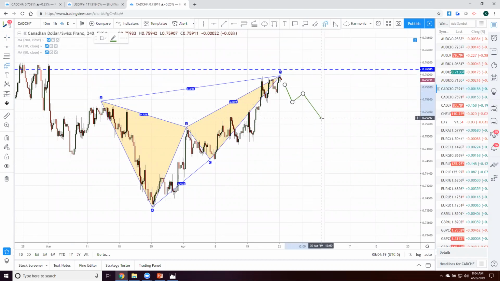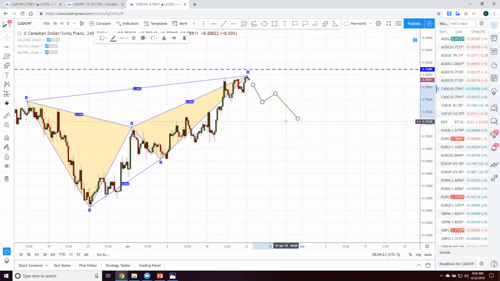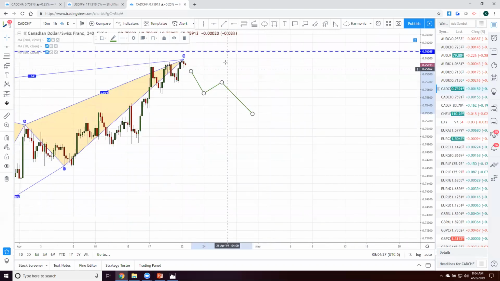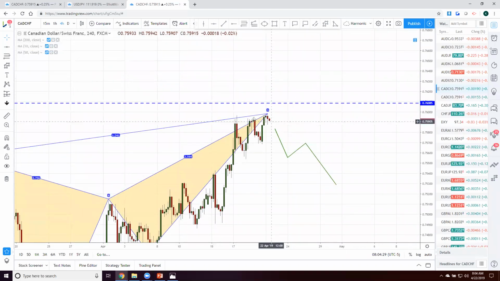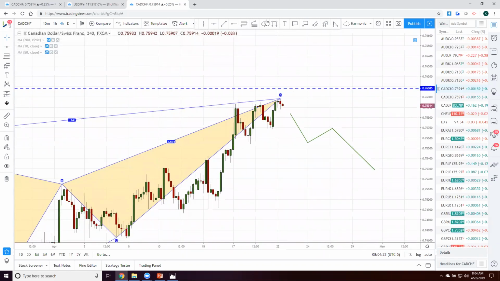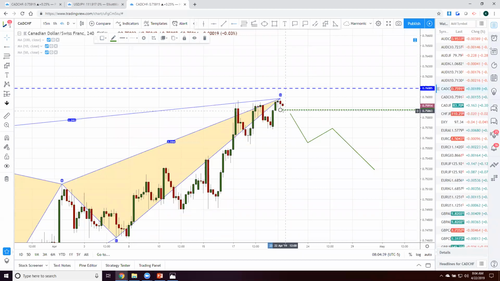And again, you never know how deep the move will go, but the thing to know is this is an area that we will be looking for a move lower. So you'll be watching price action, the decision candles here, multiple ways to trade it. You can watch for closing of candles below certain levels, a breakout below this candle.